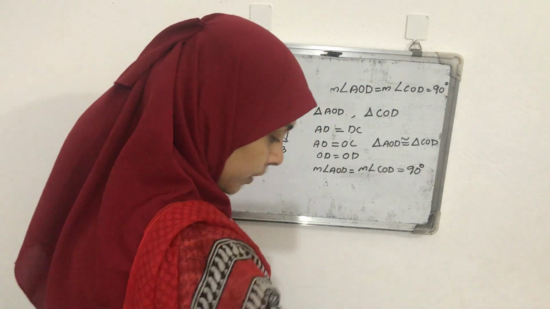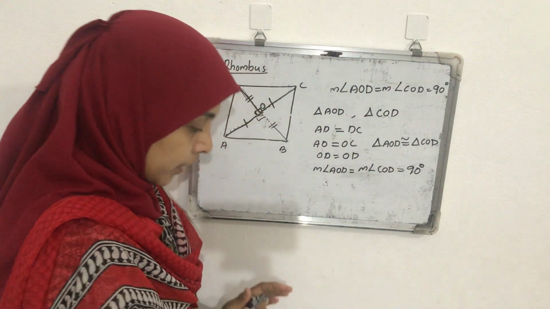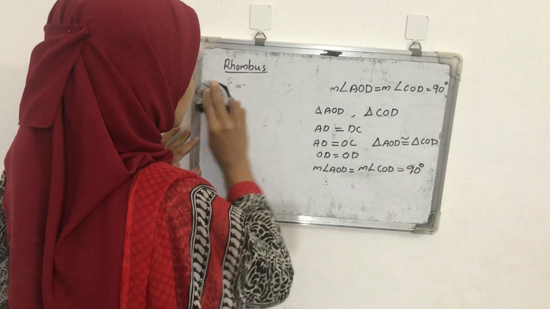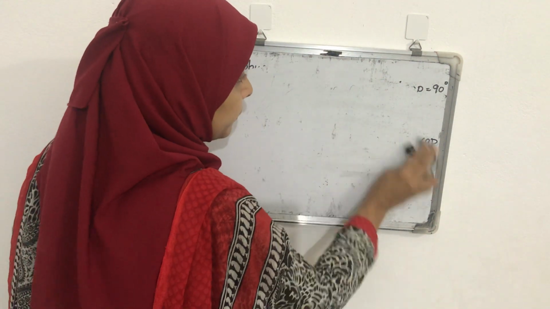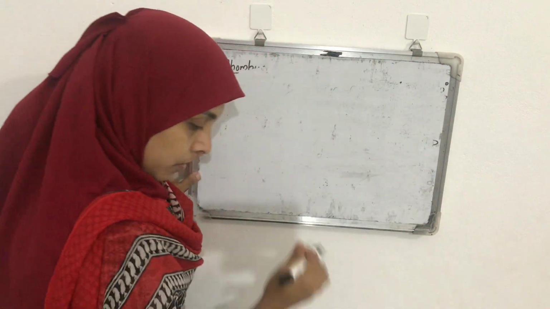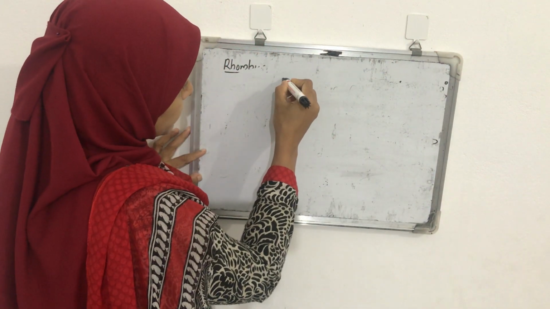Now one example question is given in the textbook. Here one rhombus is given.